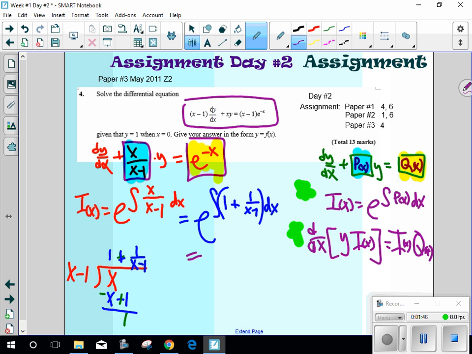Now, you integrate this as far down as you can. Tell me how you integrated 1. What's that? x, yep. Plus, what's the integral of 1 over x minus 1? Blake, do you want to help?